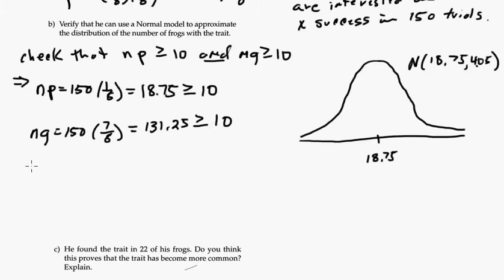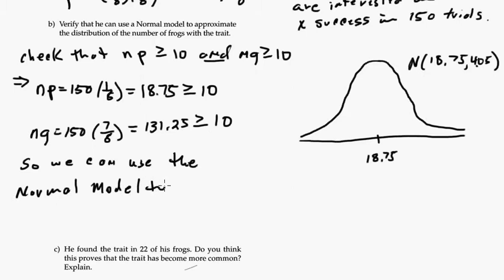So we can use the normal model to approximate the binomial model.